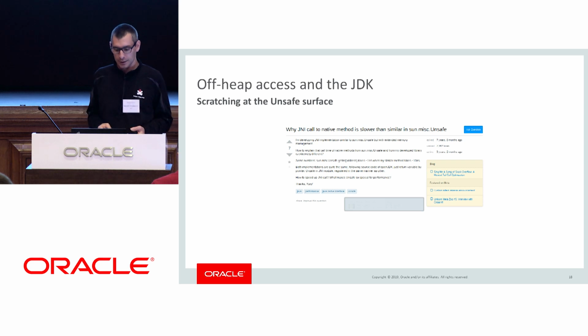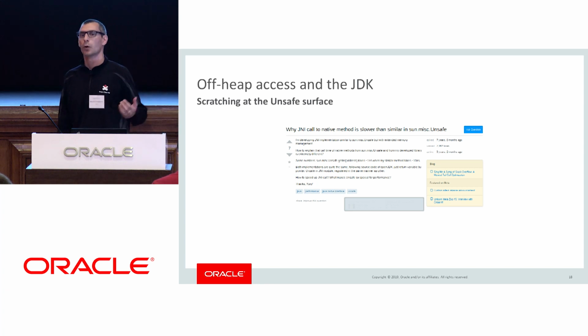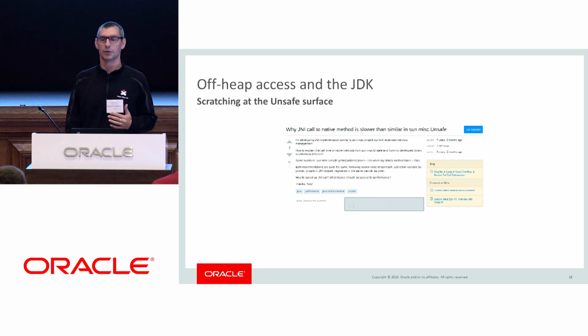Or, well, anything can happen. So really, the people I talked to last year at Oracle Code One and other conferences, they weren't too keen on going down this path. They wanted something they could rely upon, some public API of some sort. So they typically prefer the ByteBuffer approach.